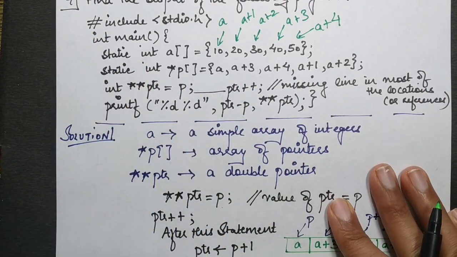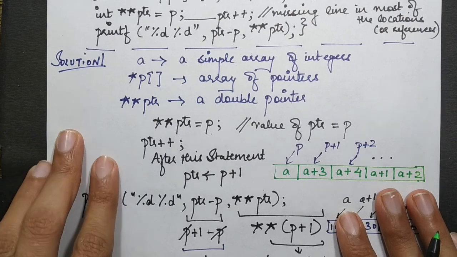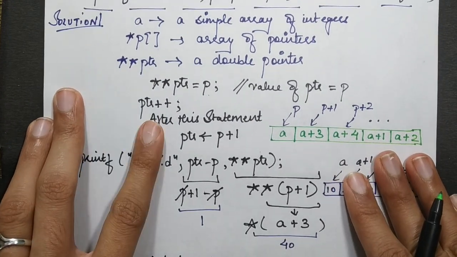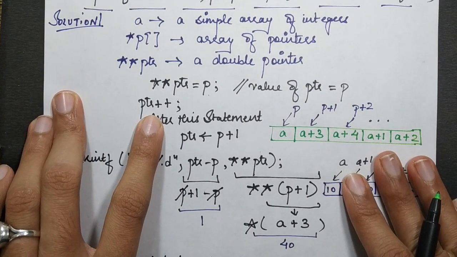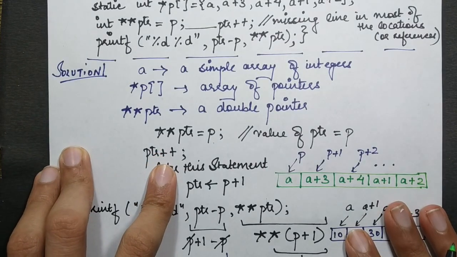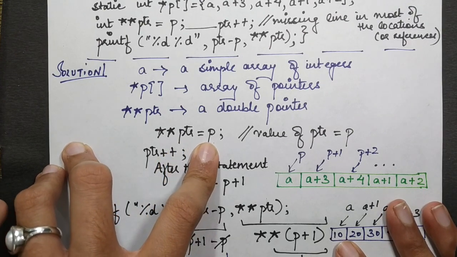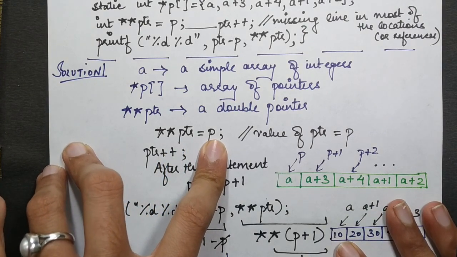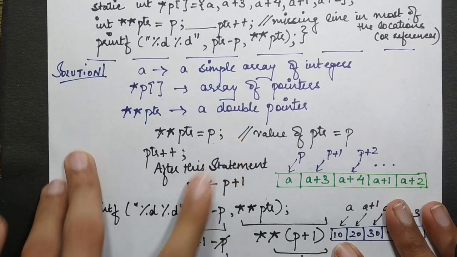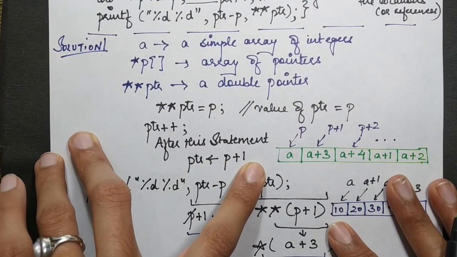This I've already explained to you. So PTR++, what does this do? We are incrementing the contents of PTR. And what are the contents of PTR? It is P. So when you increment it, you assign PTR the value P plus 1.